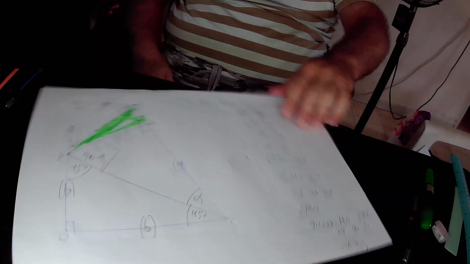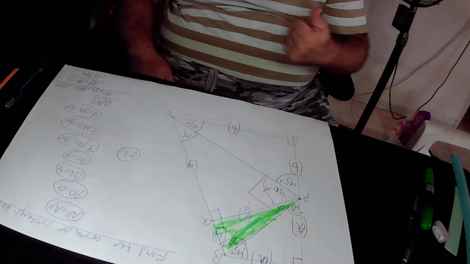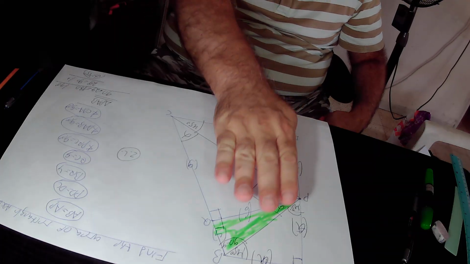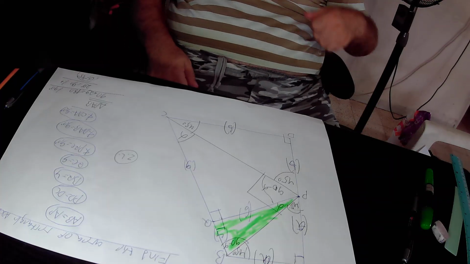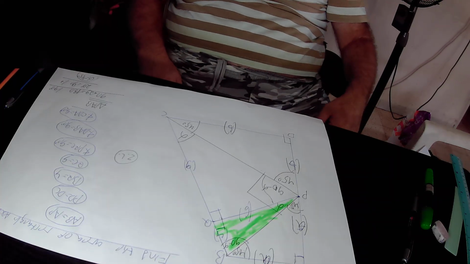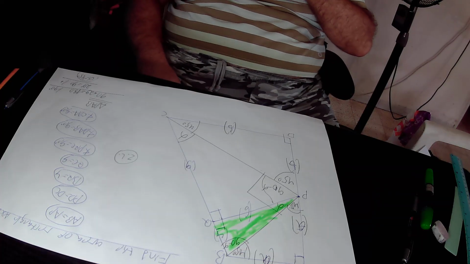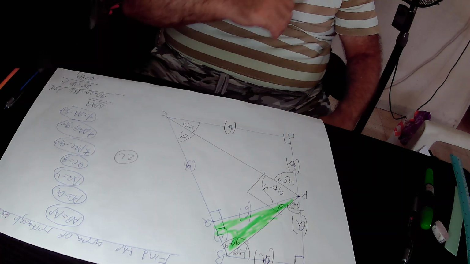AD is one side of trapezoid ABCD, therefore it is absolutely a straight line. So if we focus on the right side of the straight line AD at point P, the sum of the angles must be equal to 180 degrees, according to rule 3, that the sum of the angles on one side of a straight line is equal to 180 degrees. Which angles do we have at the right side of AD at point P?